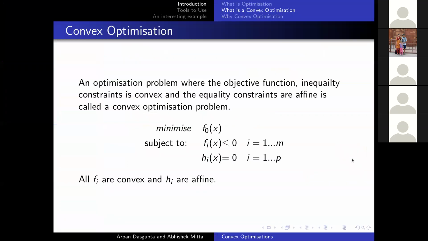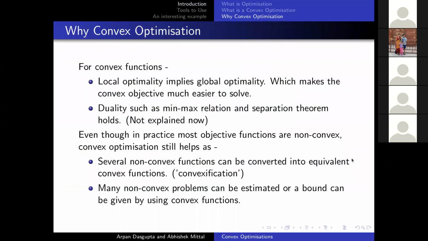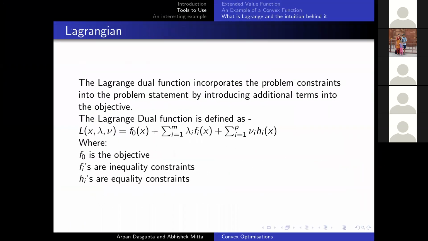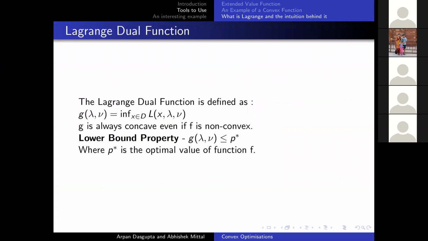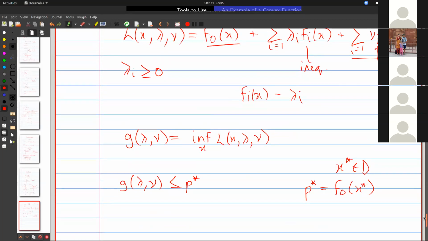This is the final solution of our original problem, which we will call the primal problem. Now what we want to establish is that the value of this function is always less than or equal to p star. This is easily provable, so I will go ahead with the proof.